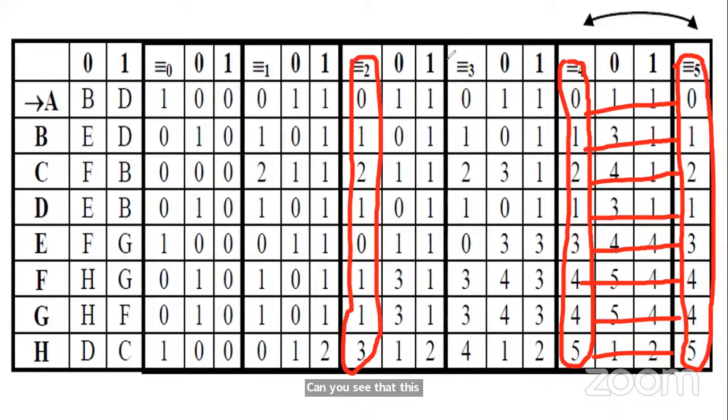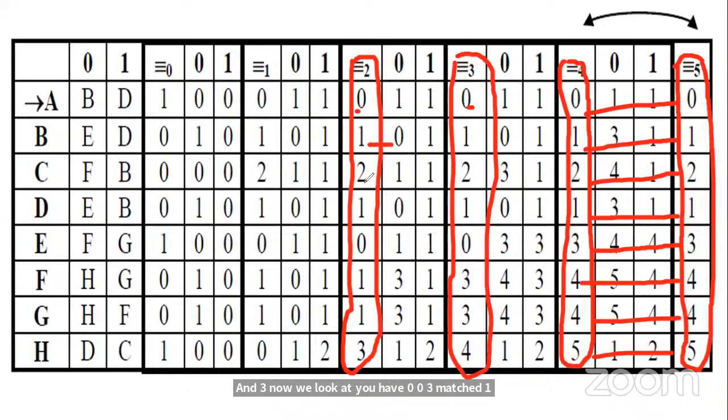But when you compare equivalence 2 and equivalence 3, you have 0, 0, they match, 1, 1, they match, 2, 2 matching, 1, 1 matching, 0, 0 matching. But you can see a difference, 1 and 3. As soon as you see a difference, that means they are not the same in their outputs.